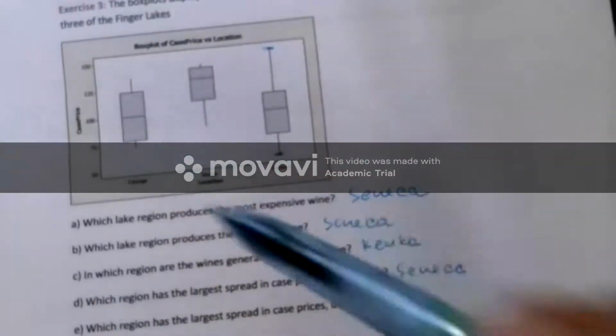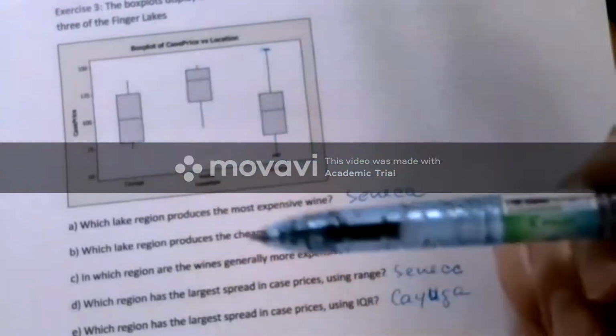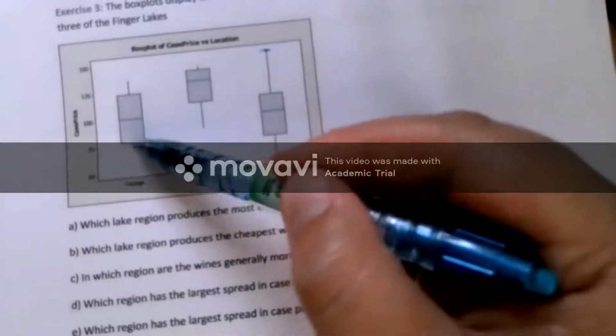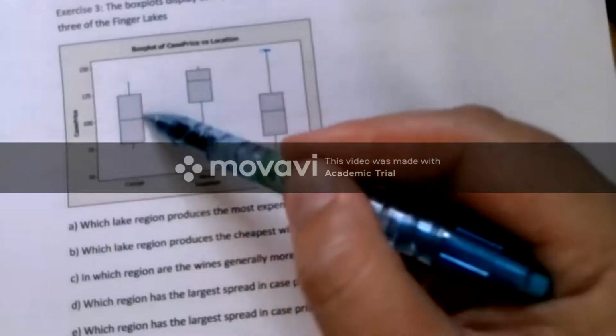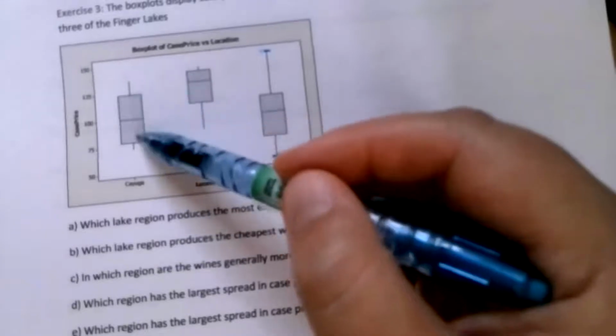So the bulk of the prices, what is it, Cayuga. Cayuga has the biggest range in prices using IQR. So among the bulk of the wines that they sell, there's still a big spread among prices.